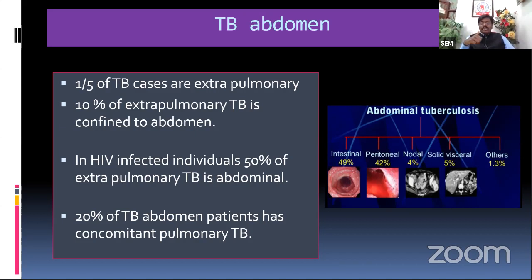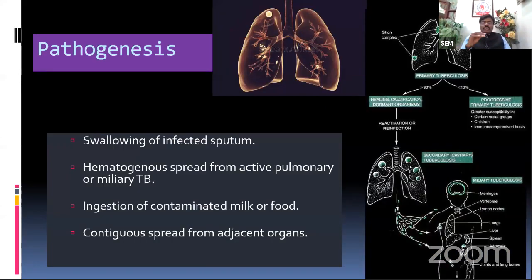Like that, abdominal tuberculosis can happen. It is very, very common in immunocompromised individuals, like HIV patients, diabetic patients, cirrhotic patients. Some people can have a combination of abdominal tuberculosis along with active pulmonary tuberculosis. So this is all the background knowledge you should know.